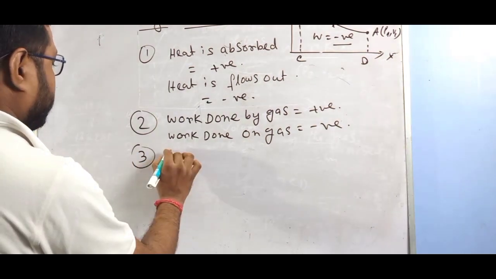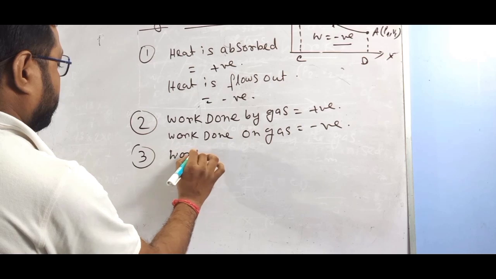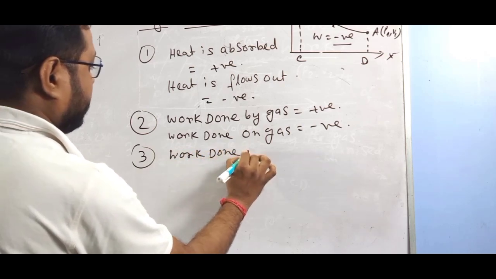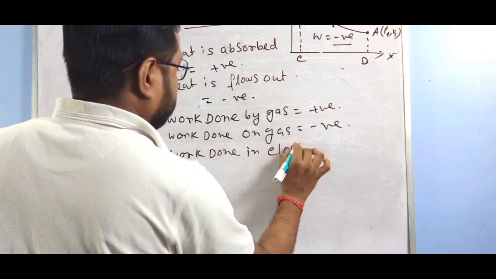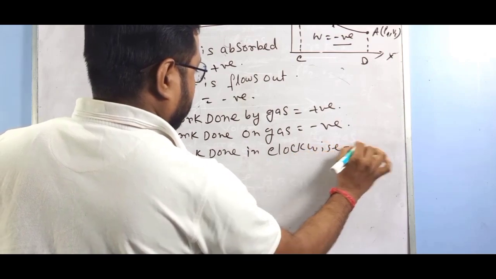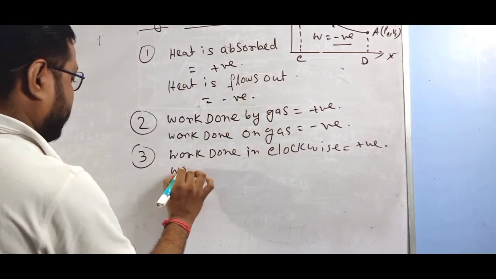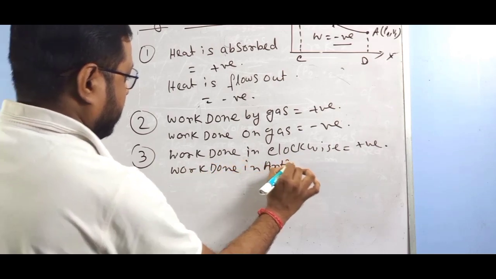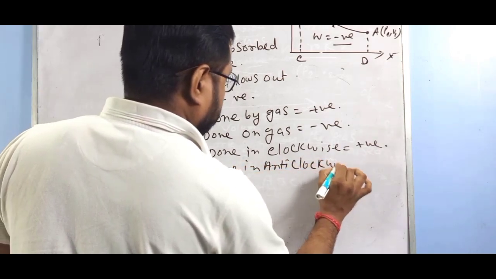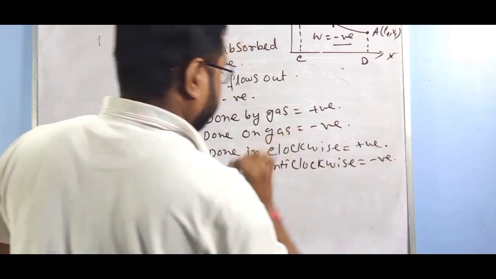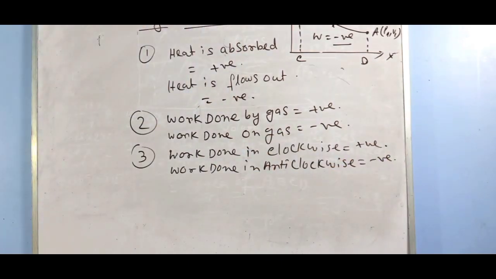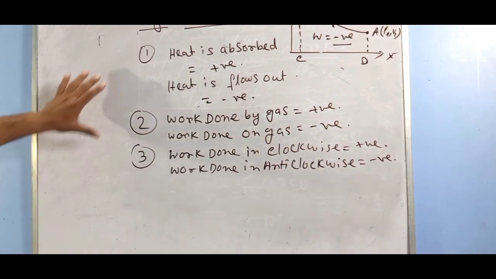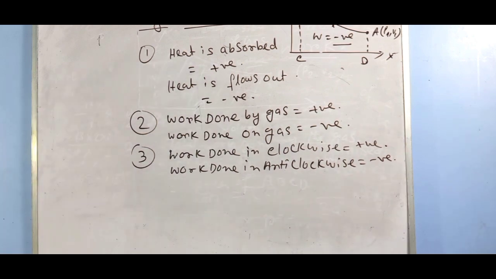Number 3, work done in the clockwise direction is positive and work done in the anti-clockwise direction is negative. This is the sign convention for the first law of thermodynamics.